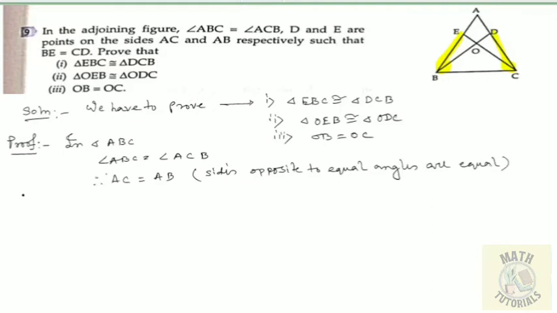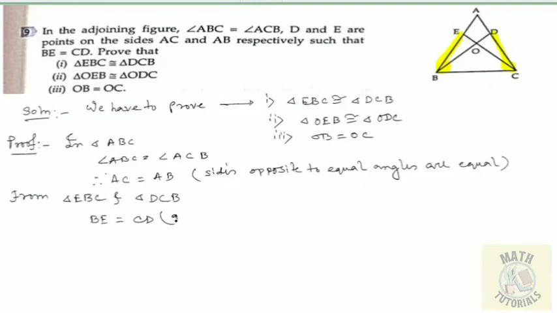Now from triangle EBC and from triangle DCB, why do we take these two triangles? Because we have to prove these two triangles are congruent. So from triangle EBC and triangle DCB we get BE is equal to CD.